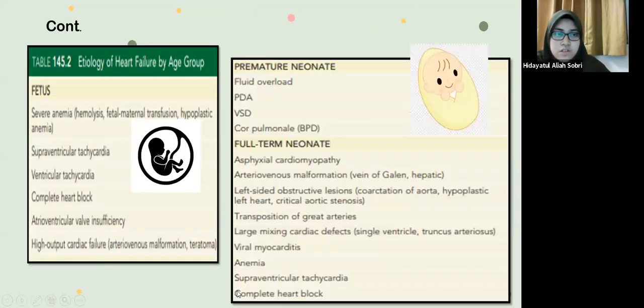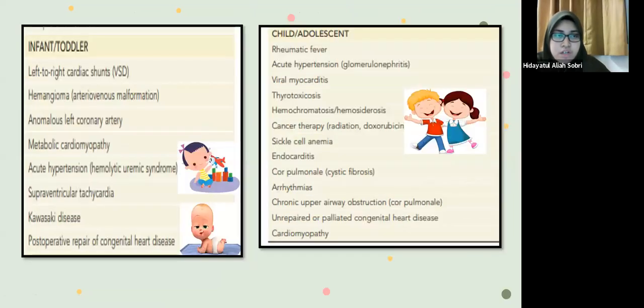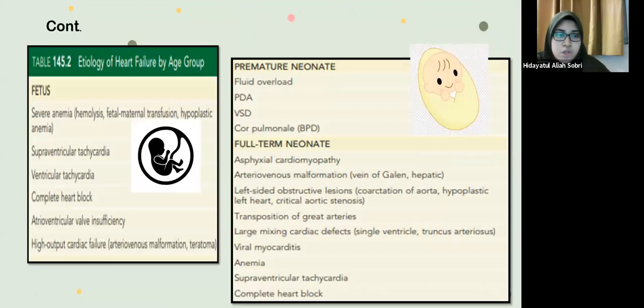And next, we can also divide heart failure by age group, which are the fetus, premature neonate, full-term neonate, infant or toddler, and also child or adolescent. So in the fetus, usually these are the causes: severe anemia, ventricular tachycardia, complete heart block, and so on. And then in the premature neonate, usually due to congenital causes such as PDA, VSD, or pulmonary.